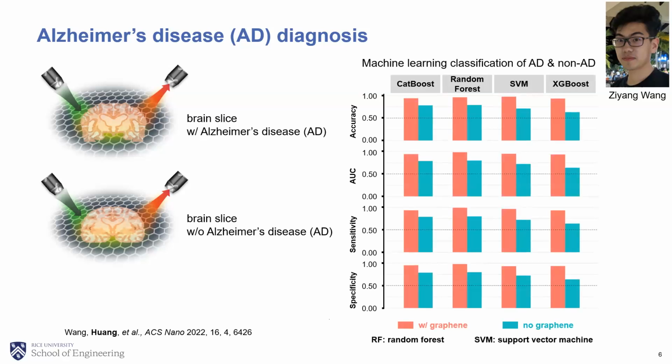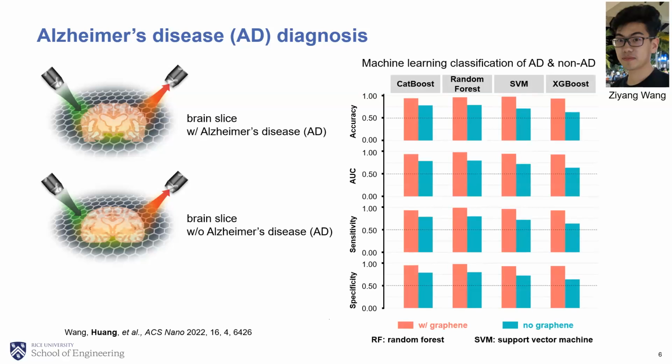So the results are shown here. You can see here I'm showing the metrics of machine learning, accuracy, AUC, sensitivity, and specificity, and for different machine learning algorithms. The red blocks here again show the result for the measurement with graphene, and the green blocks show the measurement without graphene.